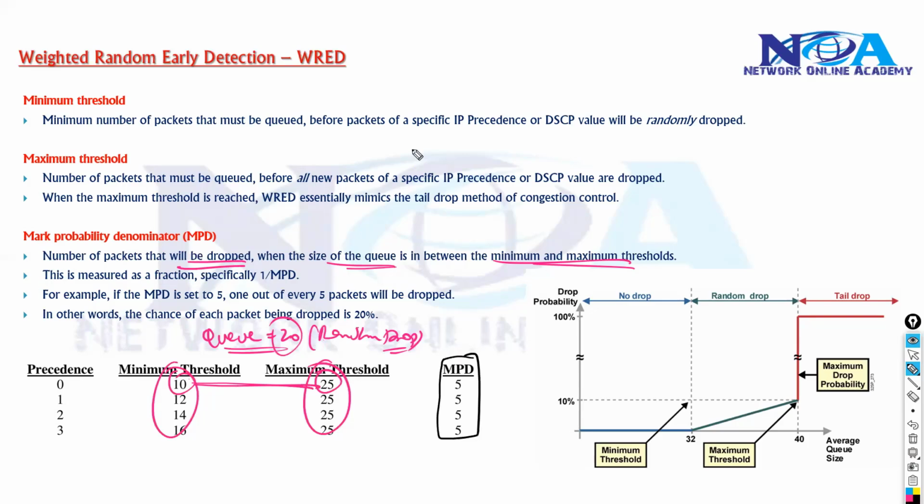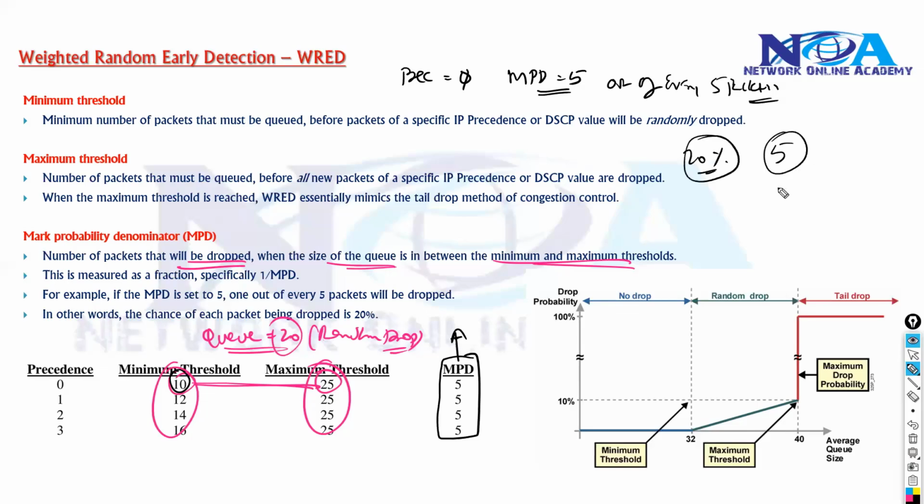Here you can see the MPD value is 5 for precedence value 0, which means out of every 5 packets, 1 packet will be dropped. That is 20%. If I give 10 here, out of 10 packets, 1 will be dropped, which is 10%. So it is going to do random drop of 10% of the packets.